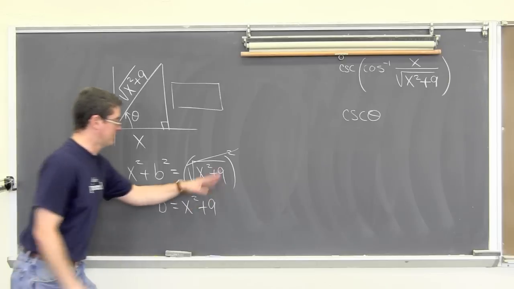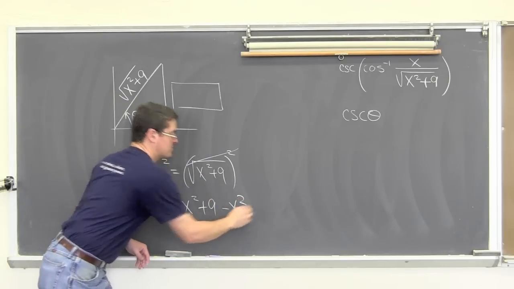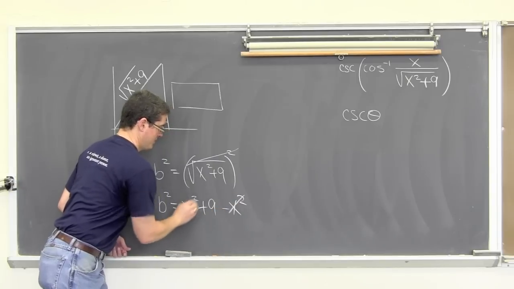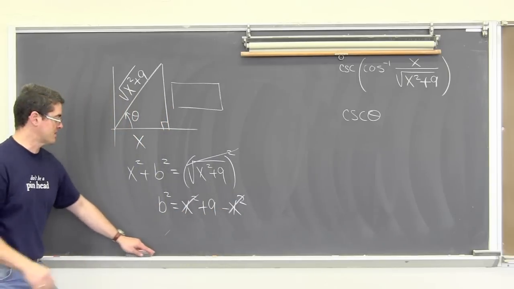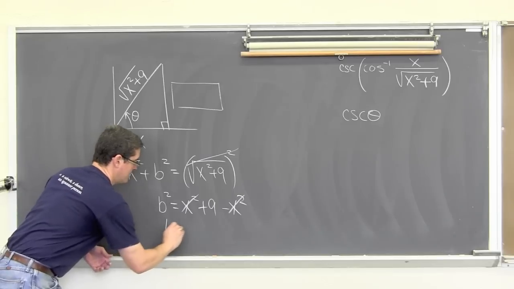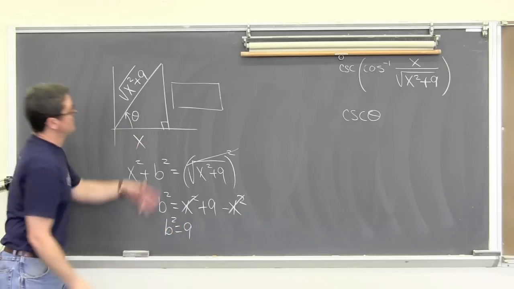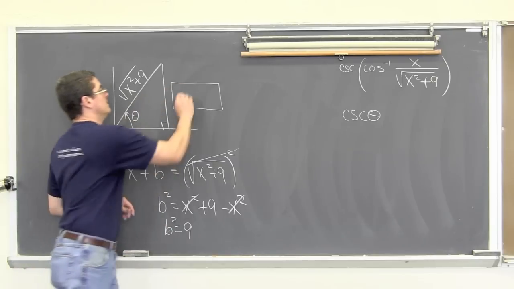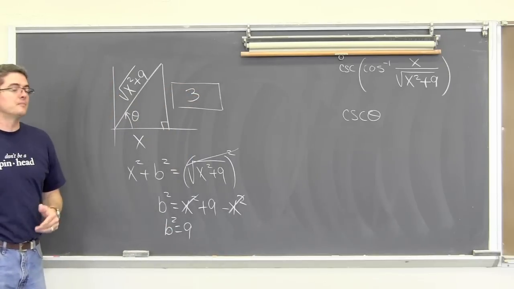It's positive, so we're going to bring that over with subtraction, which is going to cancel out those x squared terms. So that means that b squared is equal to 9, and that means that this side that I've labeled as b is equal to 3.